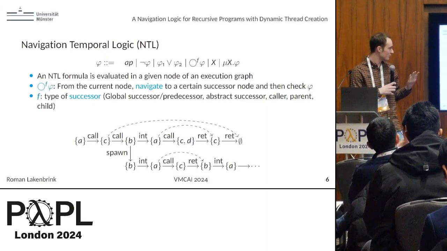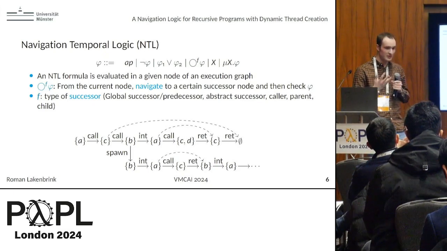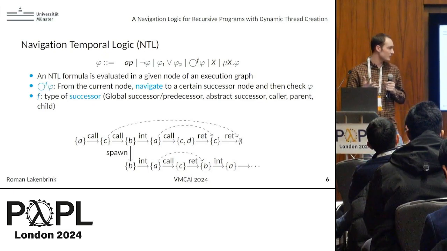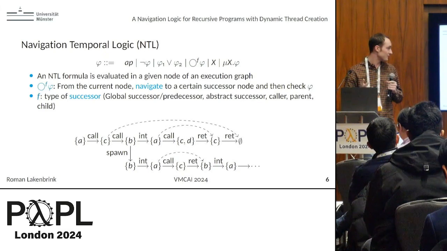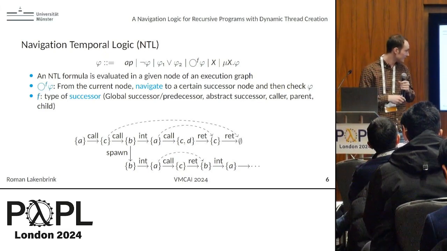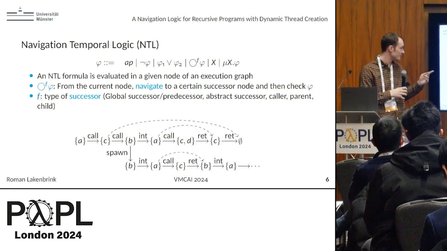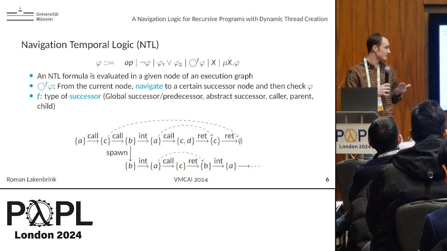And then most importantly, we have these formulae of this form next f phi. So these formulae can be used for navigating through the graph by saying that from the given node, there exists a certain successor node in the graph, and then this successor node satisfies the formula phi. And the parameter f here specifies which type of successor is used here.